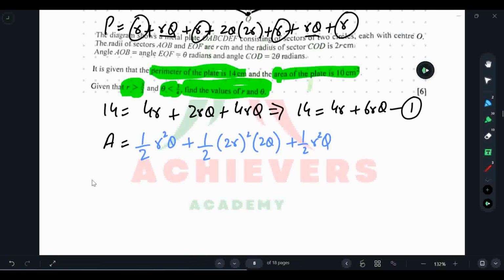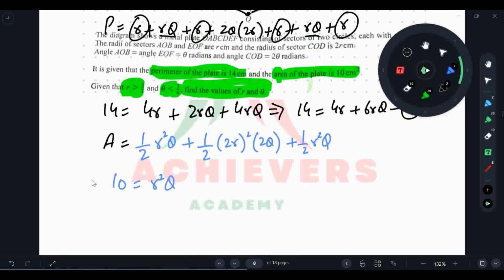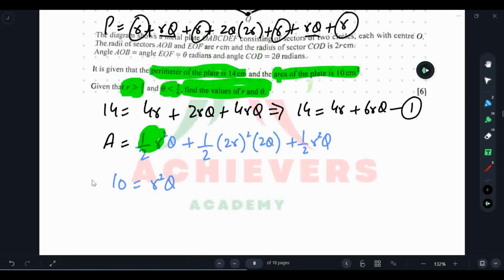Now this is equal to 10. So 10 is equal to... we can simplify these two. 1/2 r² θ, we can cancel out these two, so 4r²θ. Now 4r²θ plus r²θ.